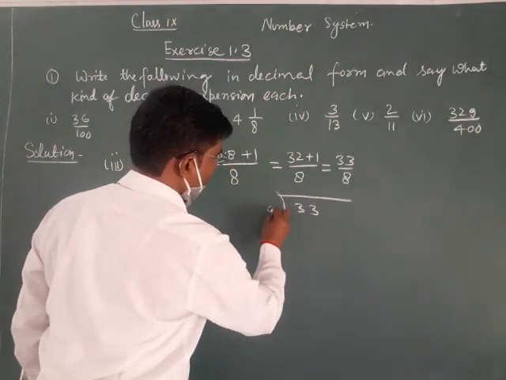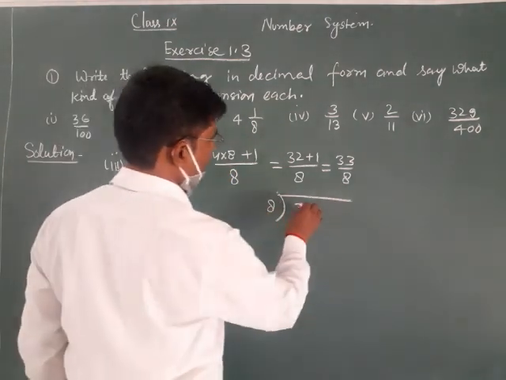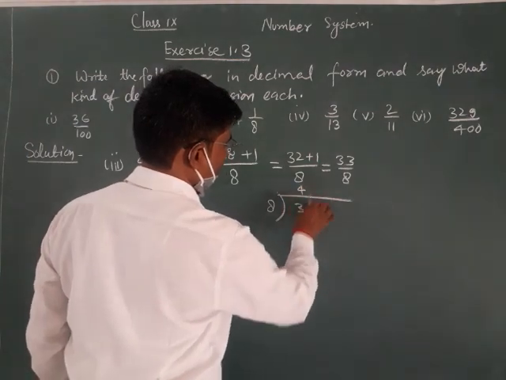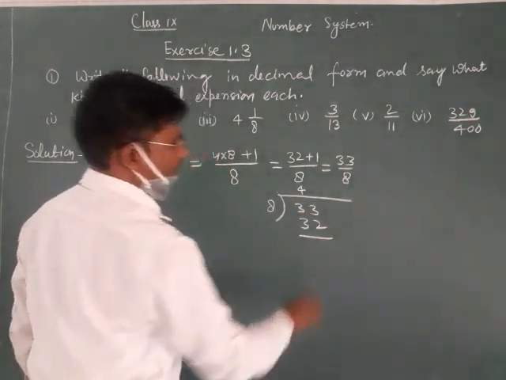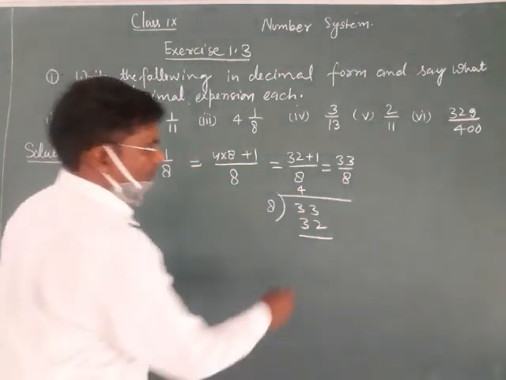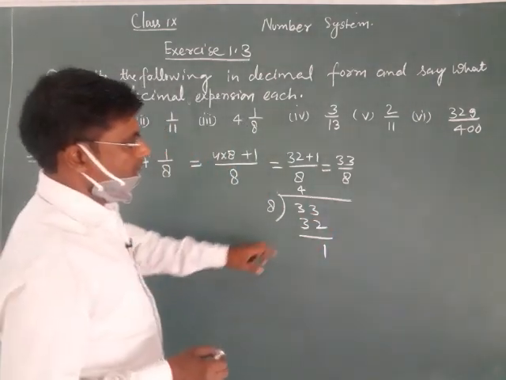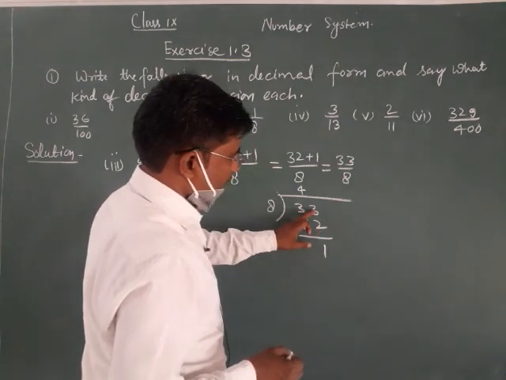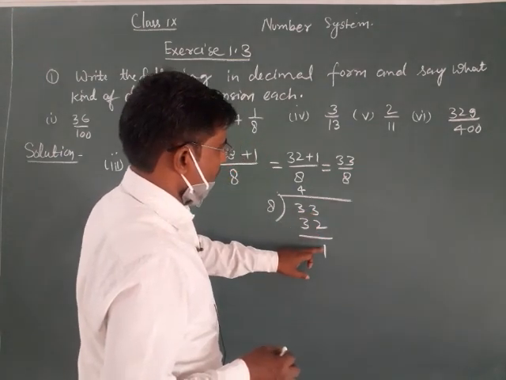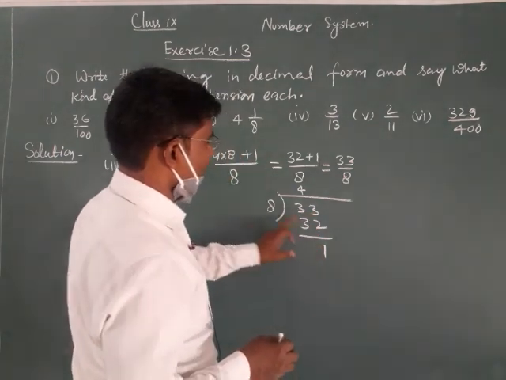So now divide 33 by 8. 8 times 4 is 32. So 1 write down, 33 minus 32 is 1. So 1 is less than 8.